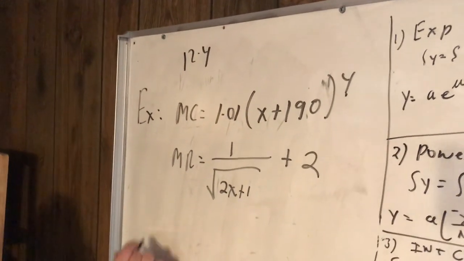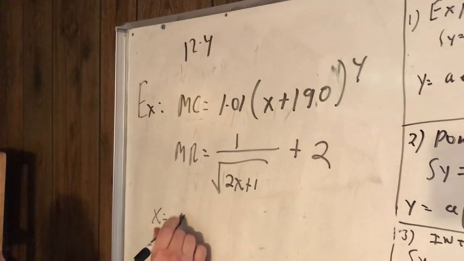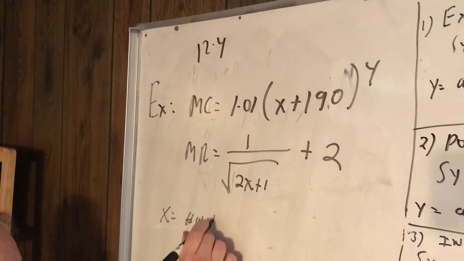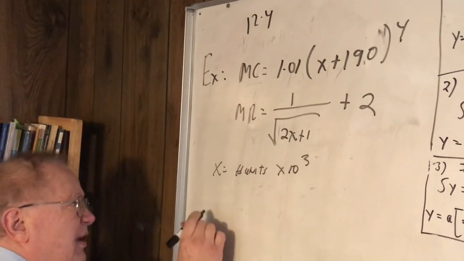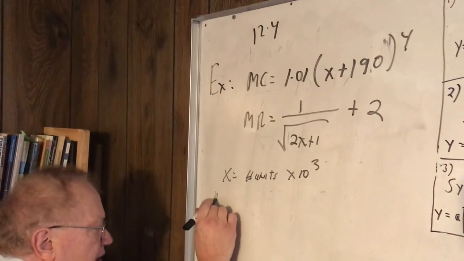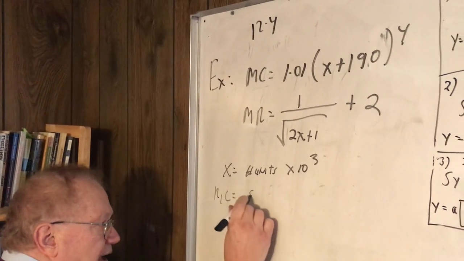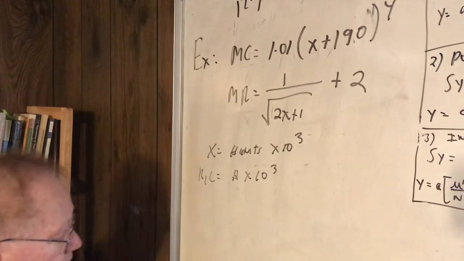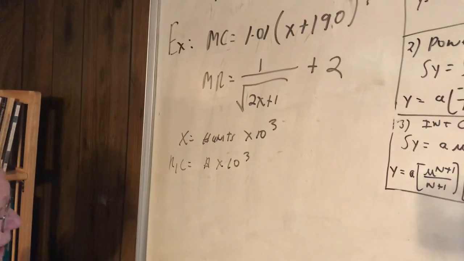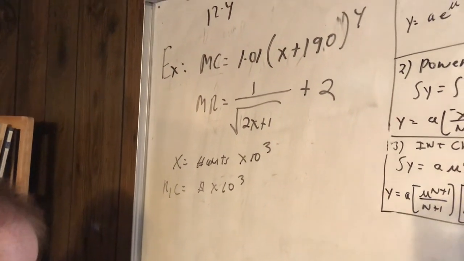Now x is going to be the number of units times 10 to the third, so in thousands. And R and C equal dollars times 10 to the third, thousands. So we use a shorthand for this. Now what do they want?